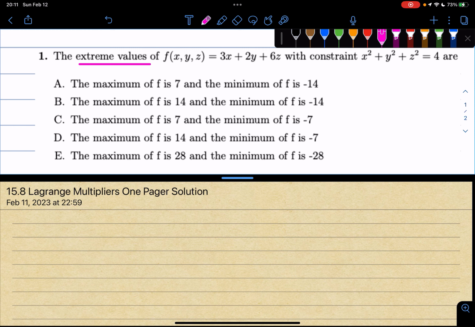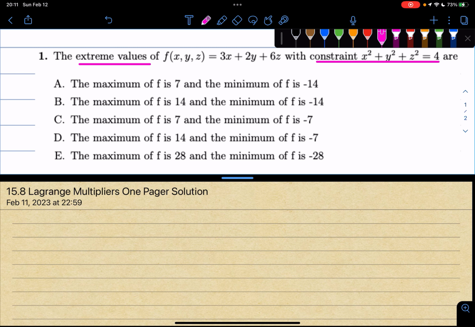So the question is asking us for the extrema of the function with constraints, right? So the question has locked us into the region of interest on the sphere. So we are trying to find extrema on the sphere, right? And the sphere falls into the category of spherical constraint.